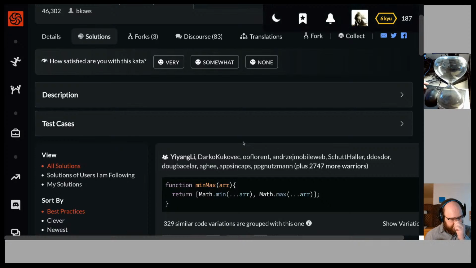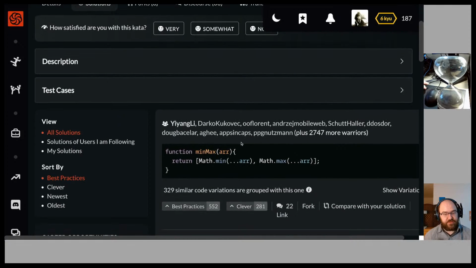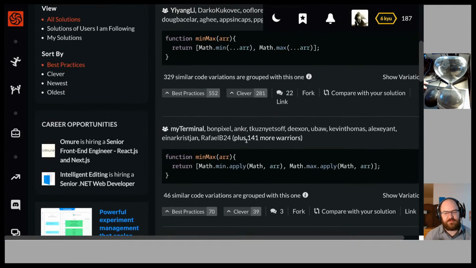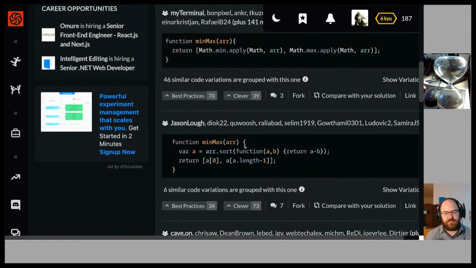Well, okay. You can always do Math.min and Math.max. Oh, a at a.length minus 1. That's the way to do that operation.